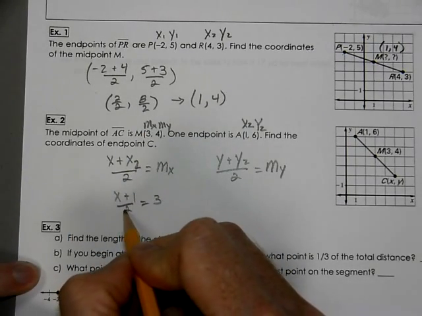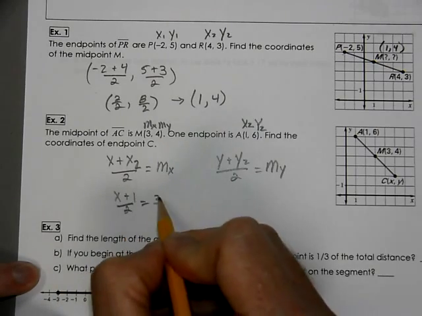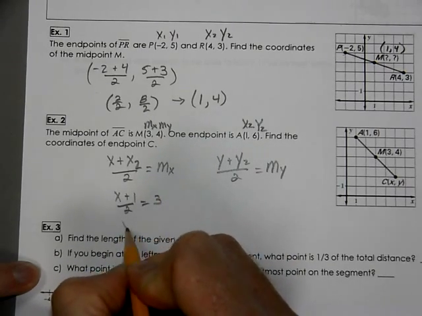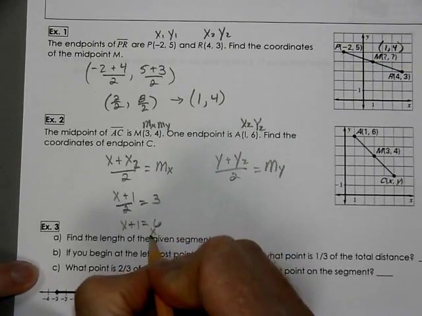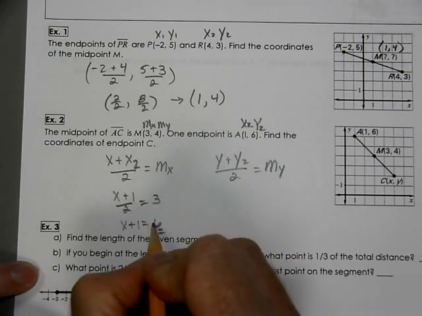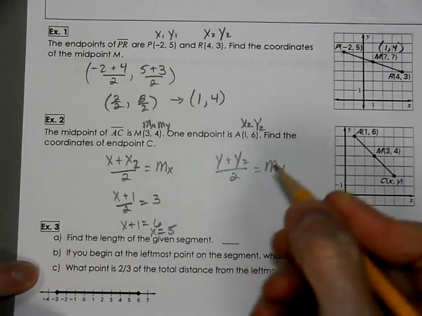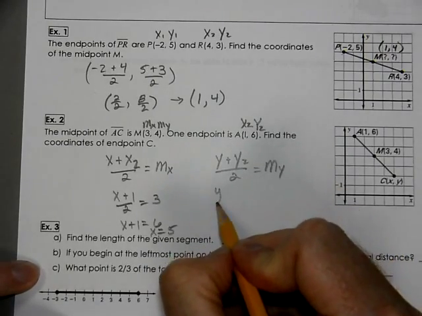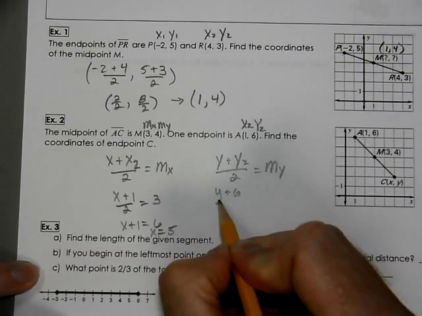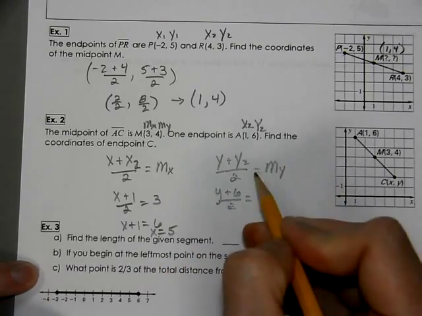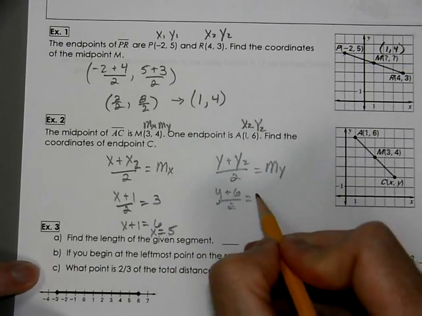To solve for this, we multiply the denominator to the other side to get 6. And we say x, when we subtract 1, we get 5. In this case, we're going to plug in the y2, which is a 6. The midpoint y value is a 4.